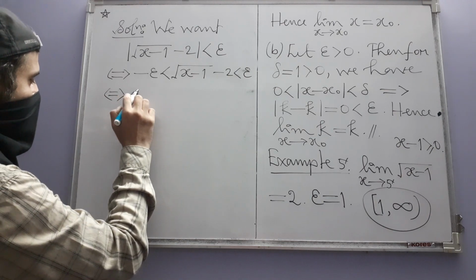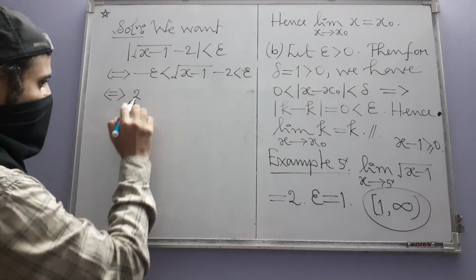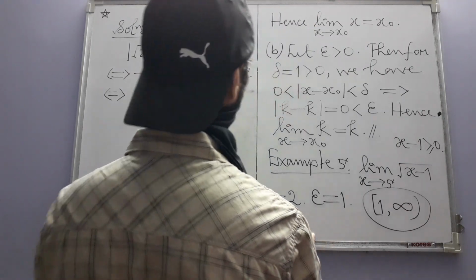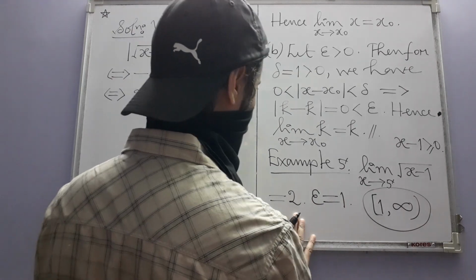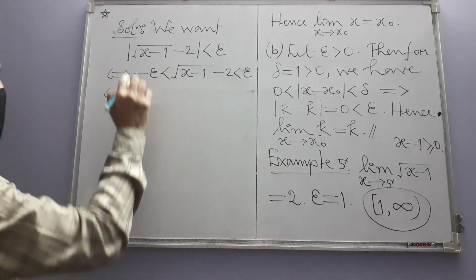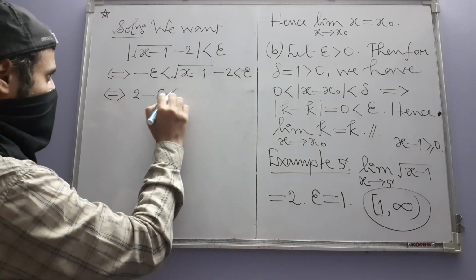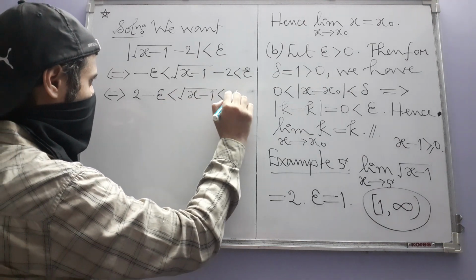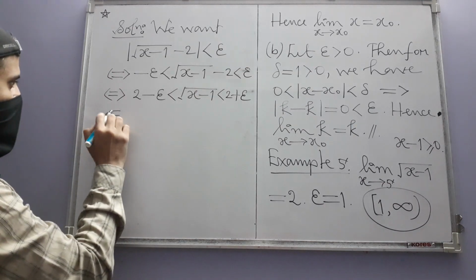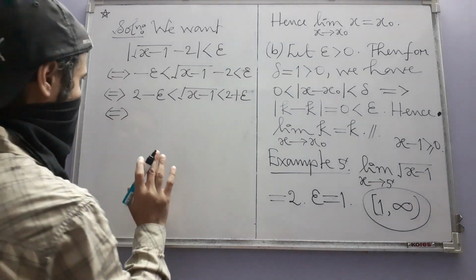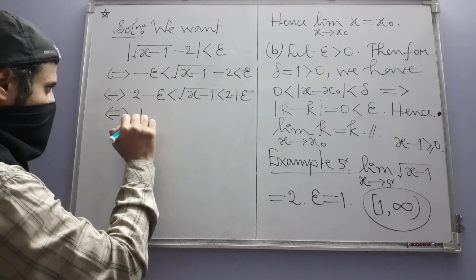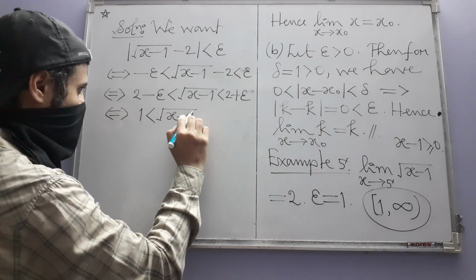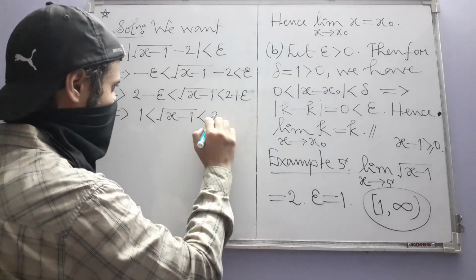Now you add... oh, I think, am I writing it correctly? Yeah, it's okay. Minus 1, 2 plus epsilon. However, you are given that epsilon is 1. So actually this is 1. And this is 3.